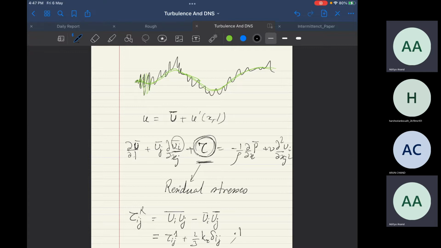So k tau is half tau ii, where tau ii is again the repeated index. So you add tau 11 plus tau 22 plus tau 33 to get this quantity, which is called the residual kinetic energy. That is the kinetic energy of the filtered out fluctuations.